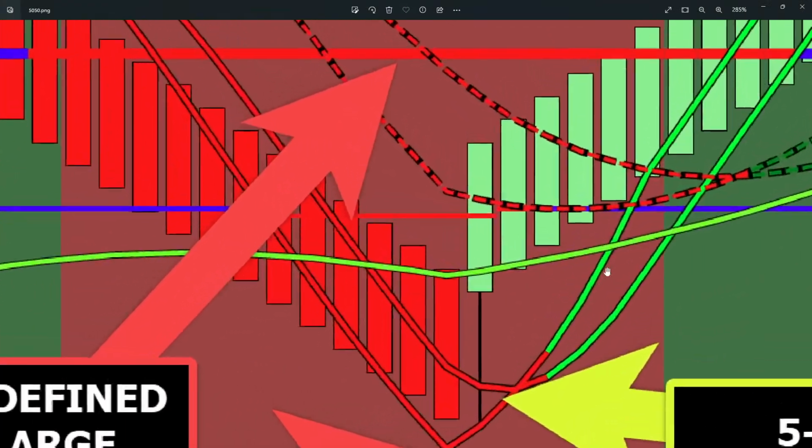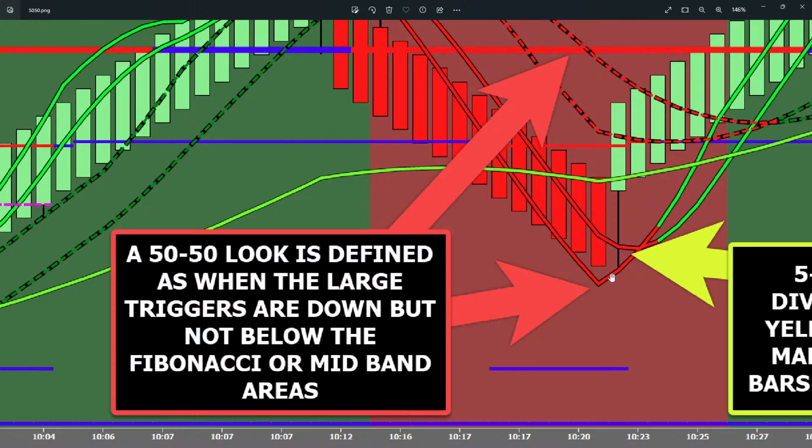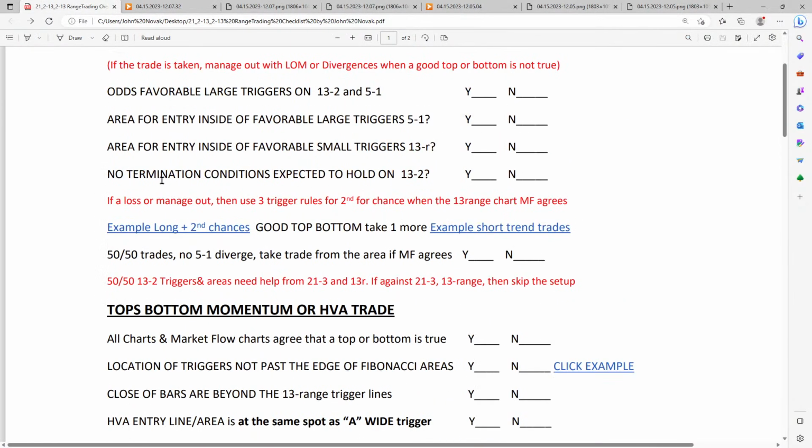So remember this 50-50 trade where we were talking about it and we're like, some of the small triggers are below and some of them are above and some 50-50s you'll do and then some you won't. You guys remember that? So again, what I was saying in my 50-50 plan is 50-50s if we're against the 21, 3, and 13 range, skip them.